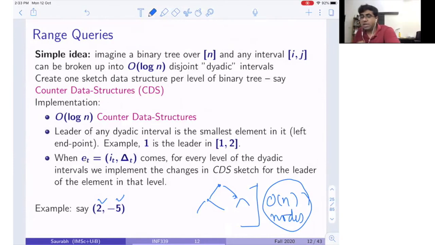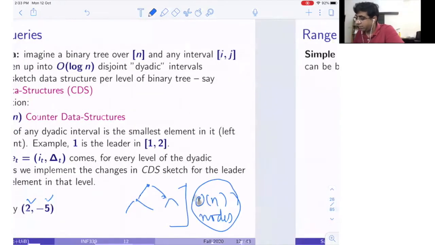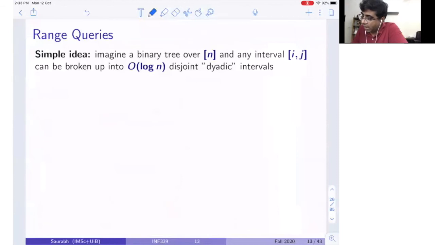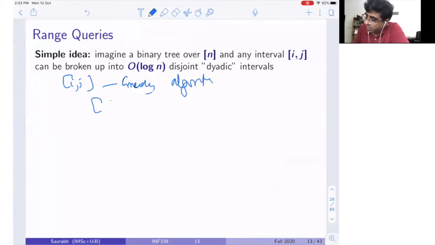What I did not explain to you is how you will implement this algorithm, right? We are not going to create this data structure. I'm not going to create this binary tree or anything. So what you will do, you're given a query, right? Given a query (i, j), what will I do? I will apply my greedy algorithm, and break it down into these dyadic intervals.